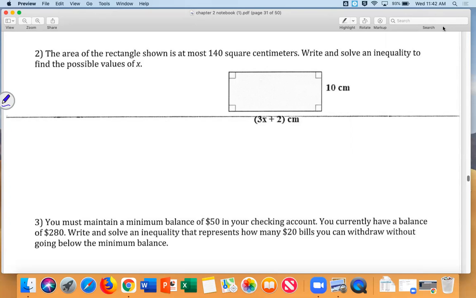What's up? Tyler, hey, what is the area formula for a rectangle? Like area equals blank times blank. Is it base times height?